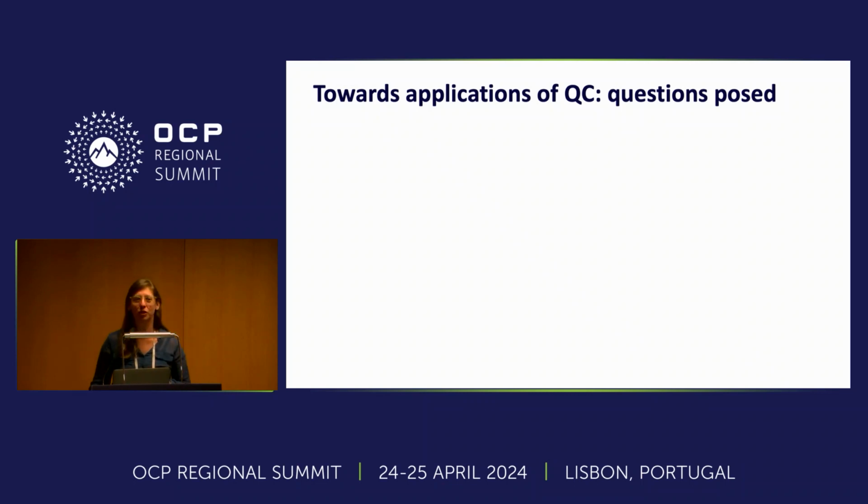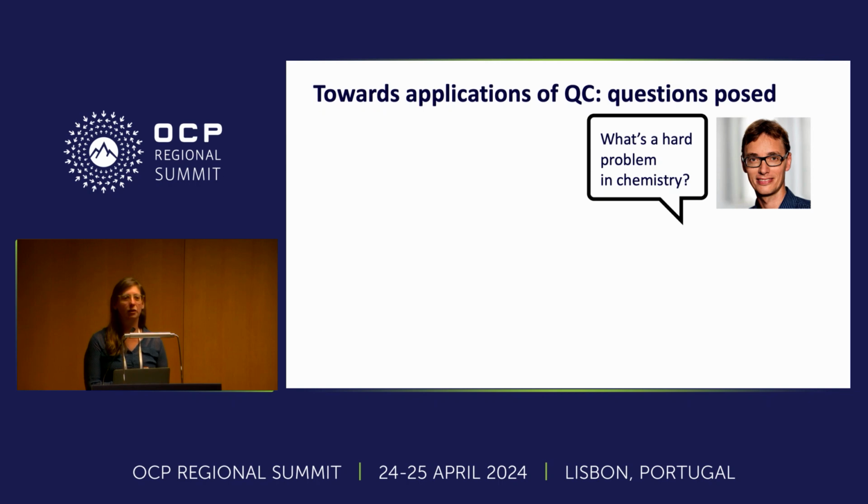So you might come thinking, I know about chemistry, I'm interested in calculating life science problems. And then when you first interact with people in quantum computing, they'll say to you, okay, well, what's a hard problem in chemistry?